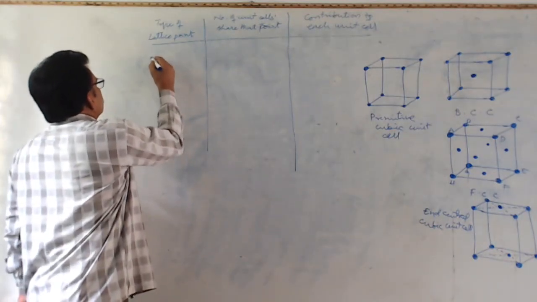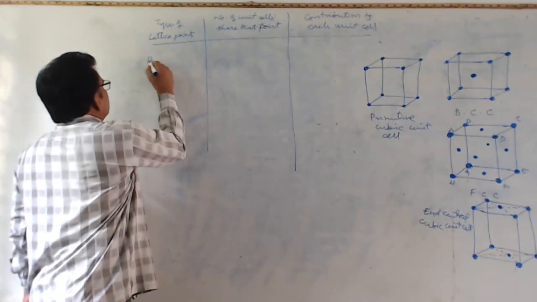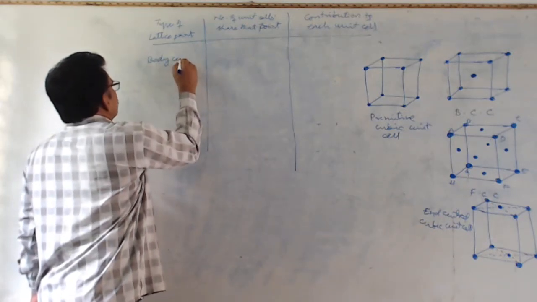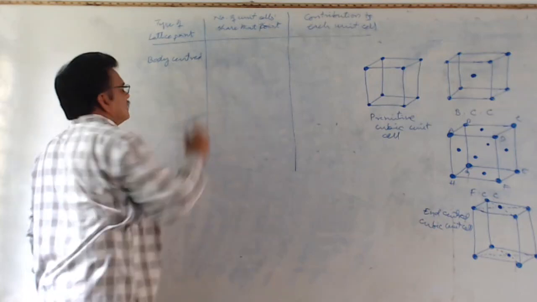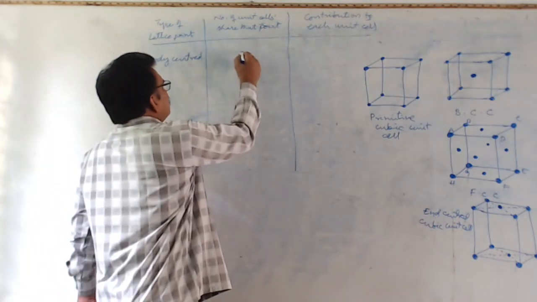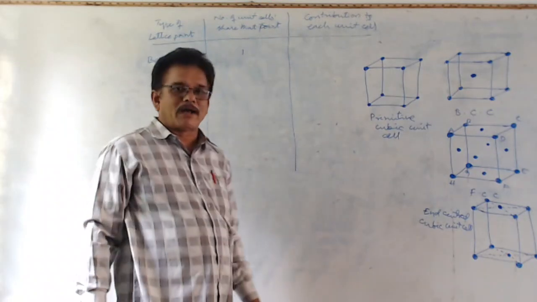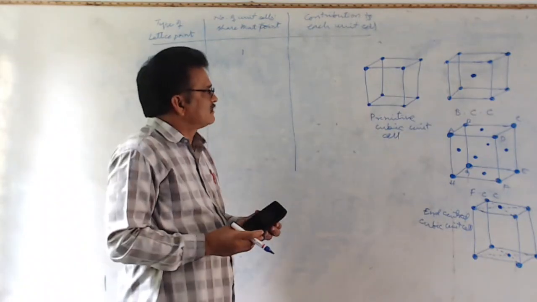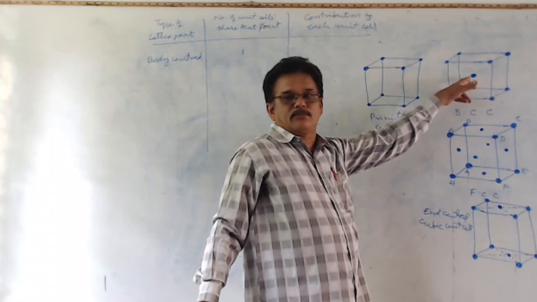One is the body-centered lattice point. This body-centered lattice point is shared by only one unit cell. For example, say this is the body-centered point.